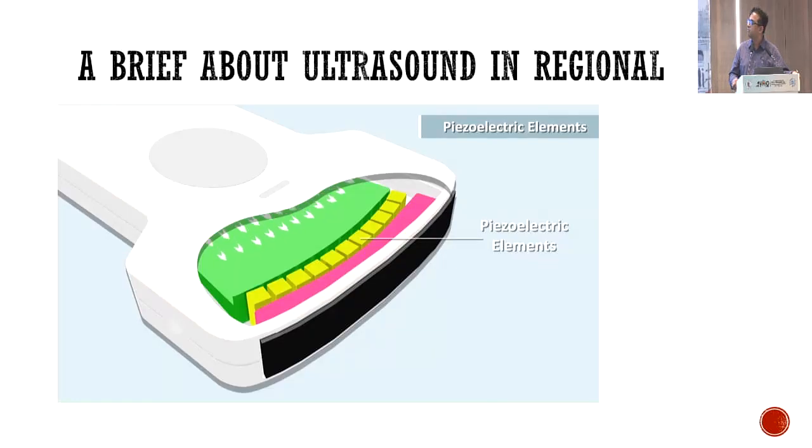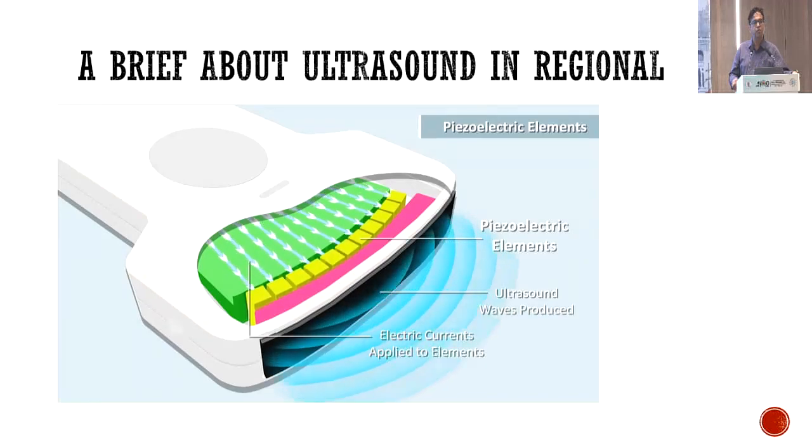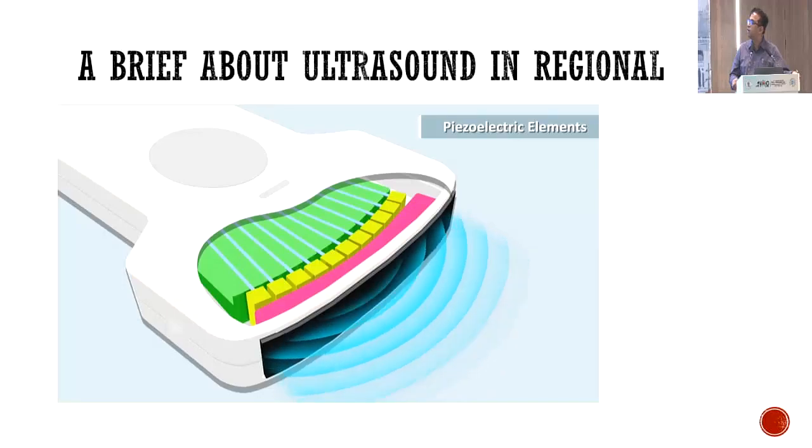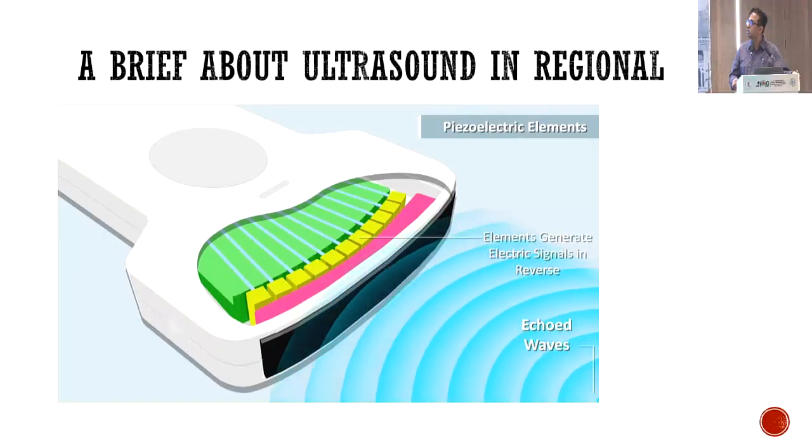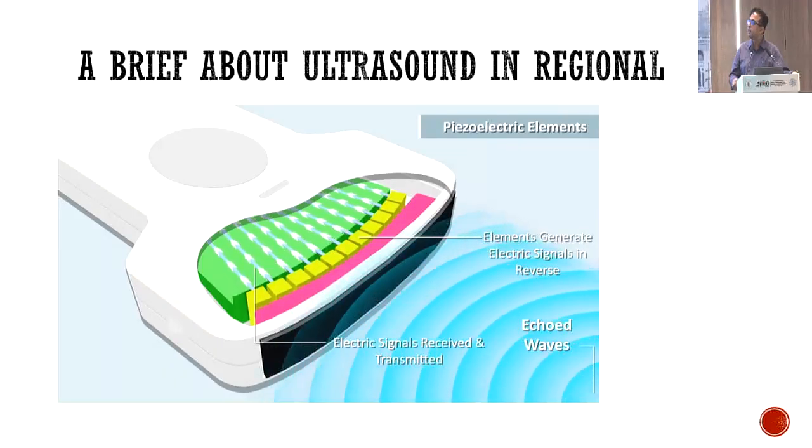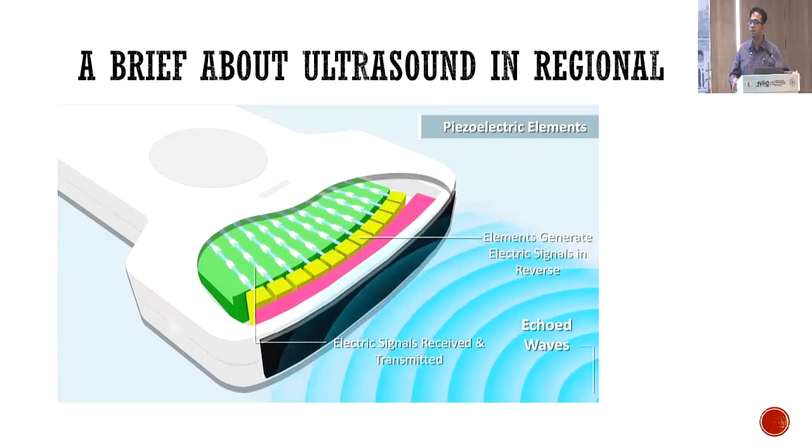These sound waves go and hit our target structure, and then these sound waves are reflected back to the transducer, and then the transducer projects these images on a screen to get an image.